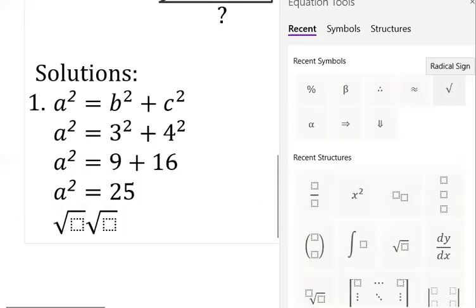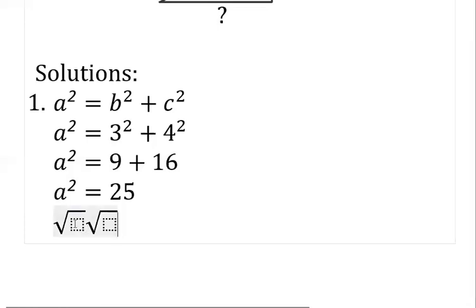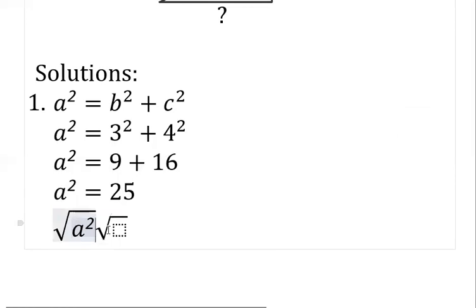We want to square root both sides. So we have a squared in here equal 25. We need to get our a. For us to get our a, we need to remove this square.